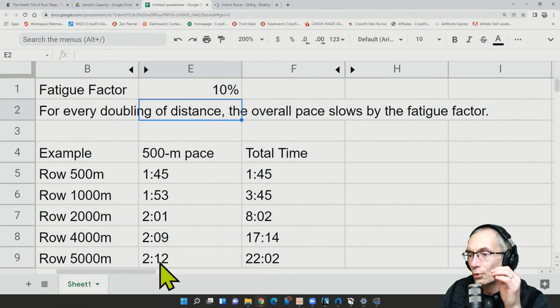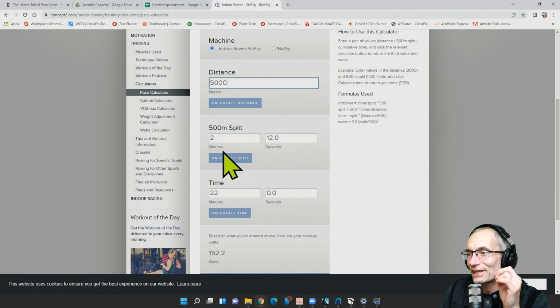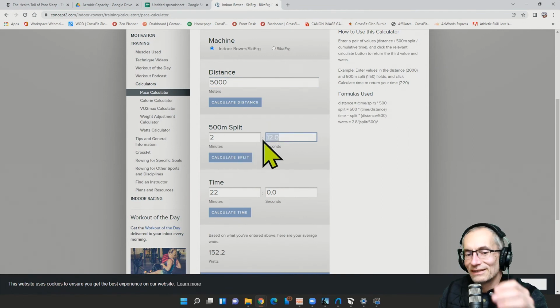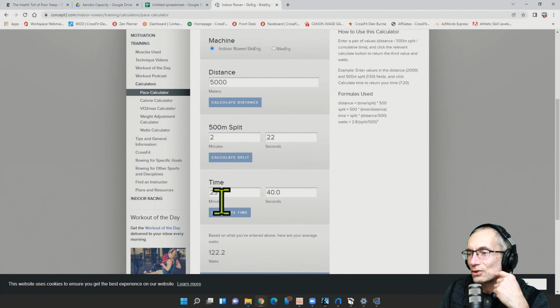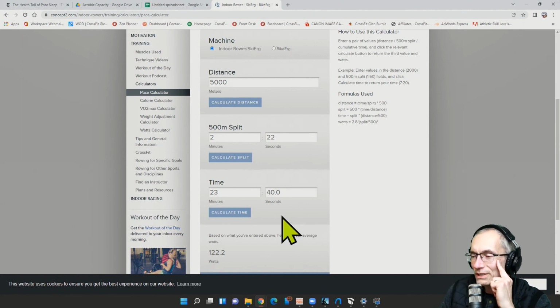So this would be a 2 minute and 22 second pace. Now we know the 2 minute and 22 second pace, we can use this calculator and calculate the time. That's 23 minutes and 40 seconds for that 5K row. And then you're going to basically only have 1 minute and 20 seconds left to do wall balls.